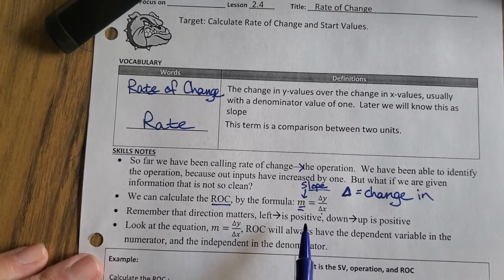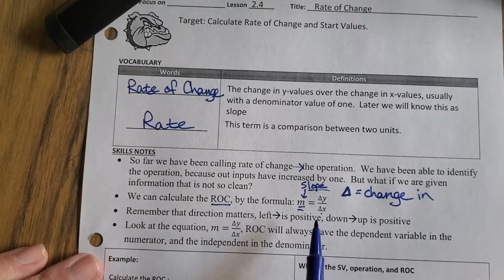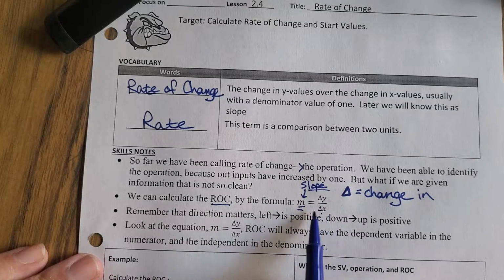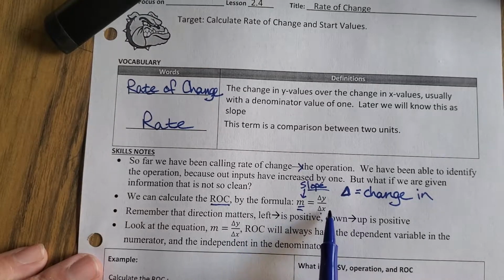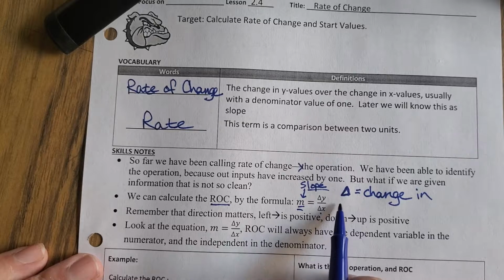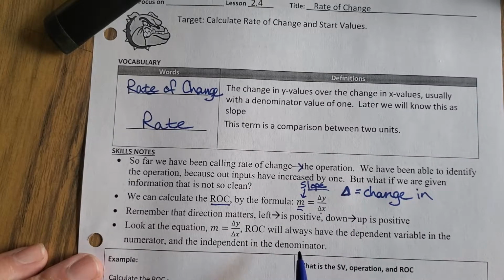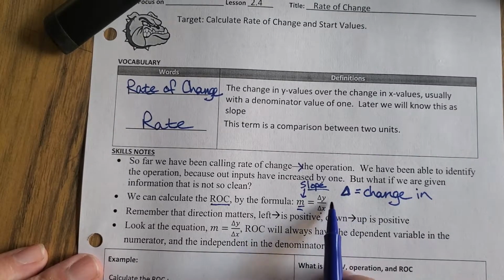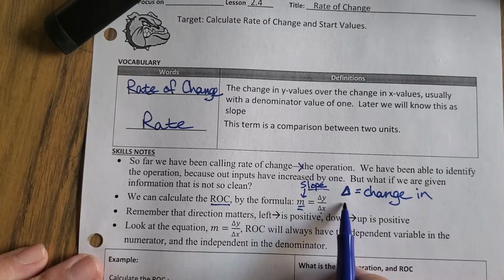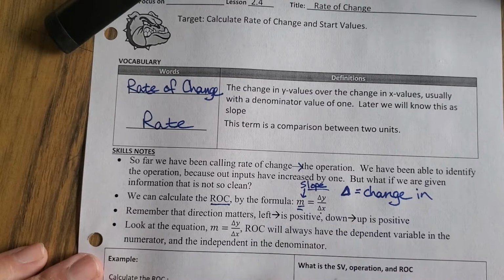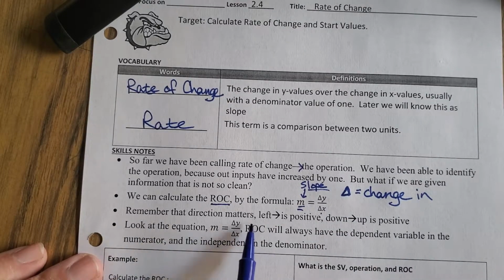We typically read it from left to right. So if we were to plot an input-output table and we're reading it from left to right, if the delta y is going up, we've got a positive rate of change or a positive slope. If it's going down as we read from left to right, it's going in the negative direction. Remember that direction matters.